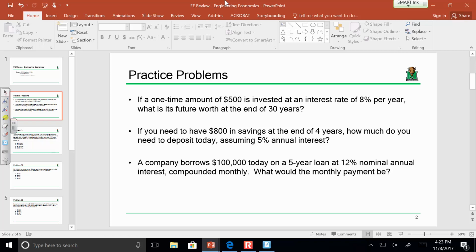Okay, let me explain what's going on here. This $500, is this an annual value, a future what? That's a present value. That's how much I'm putting into the account right now.